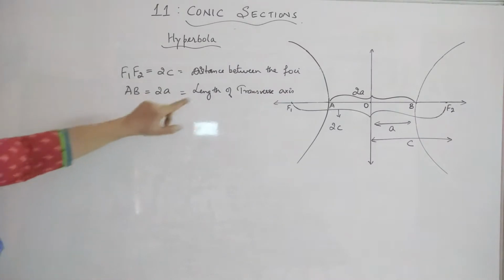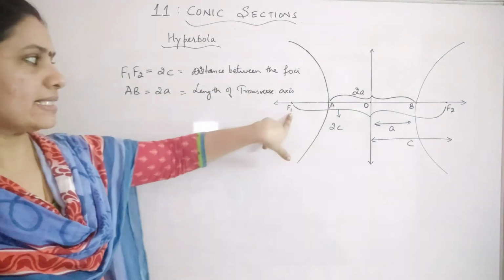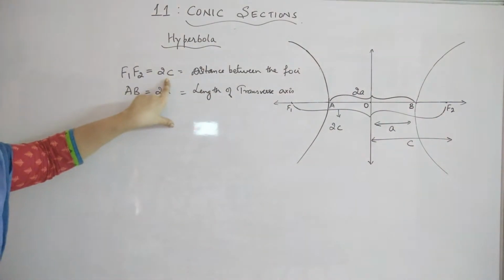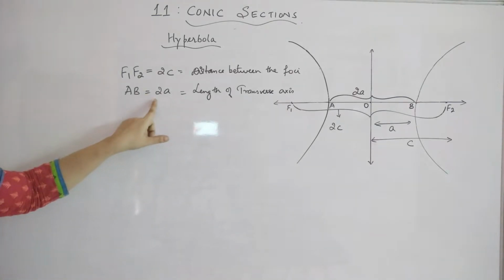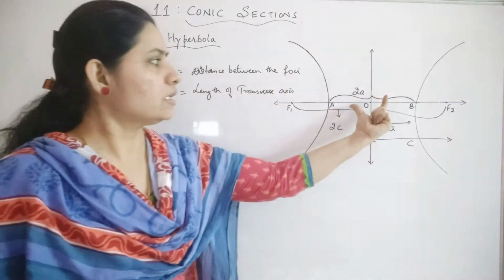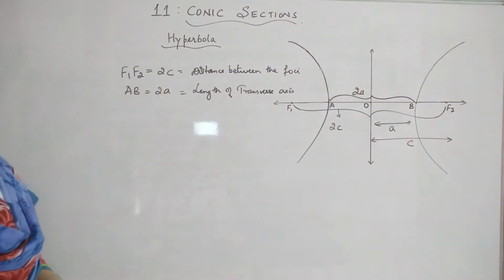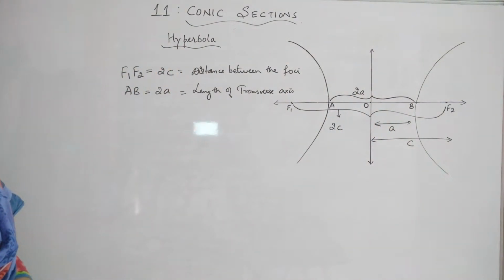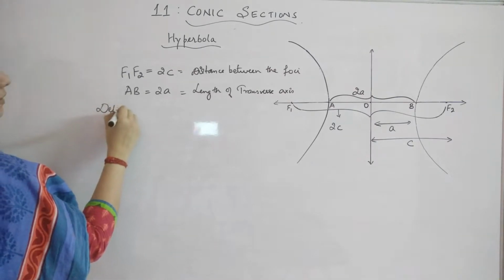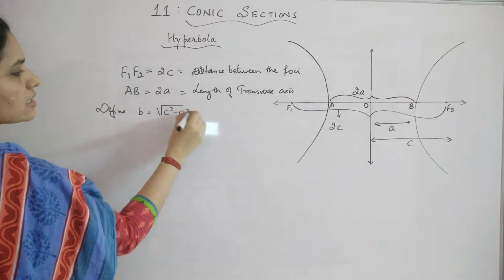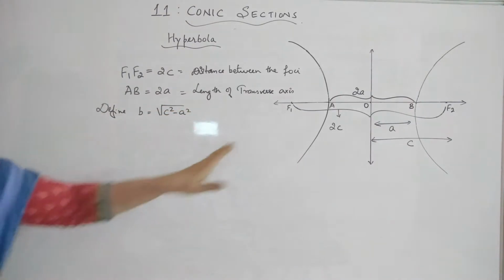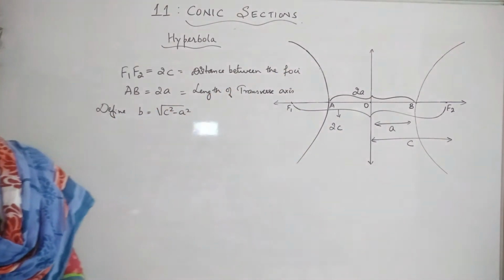Now we will denote the distance between the two foci, f1 and f2, as 2c, and the distance between the vertices as 2a. This distance AB, between the two vertices, will be the same as the length of the transverse axis. Now you can see that the hyperbola is not touching anywhere on the conjugate axis.